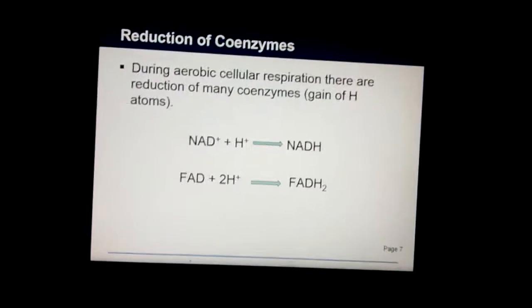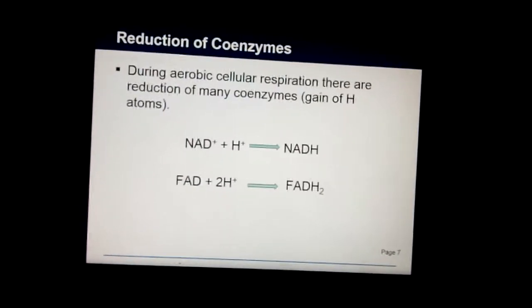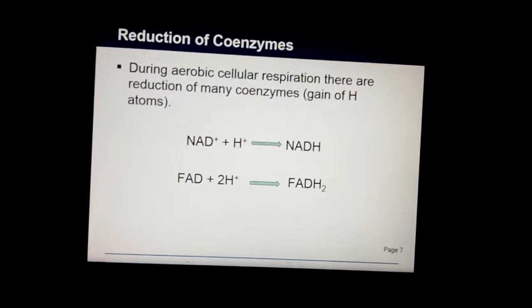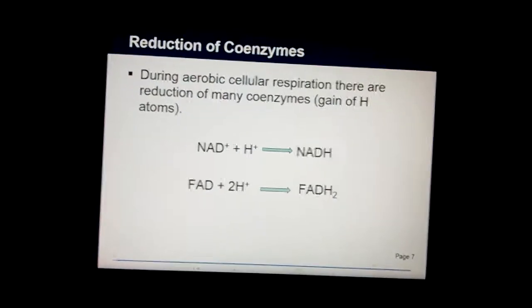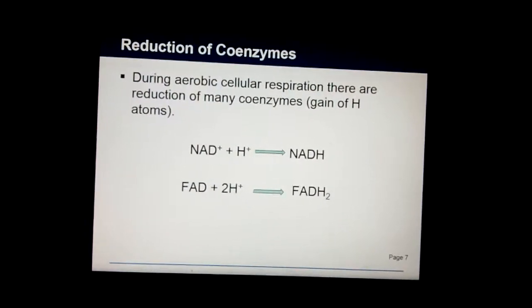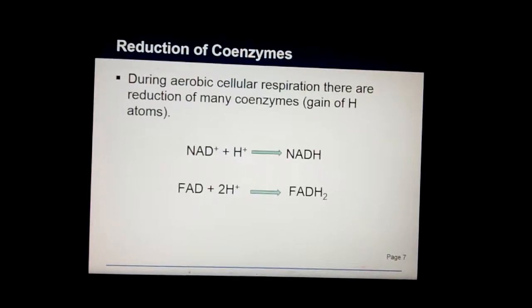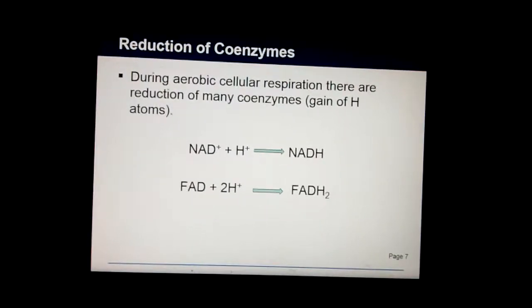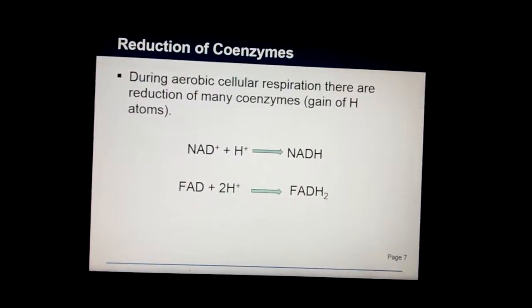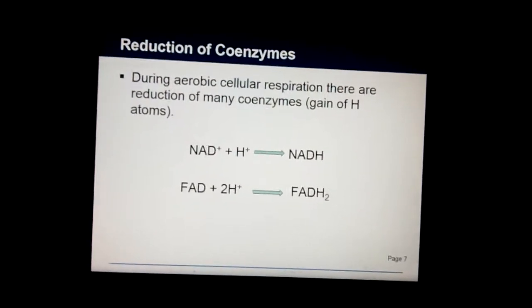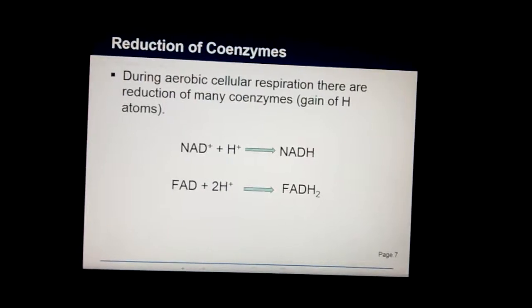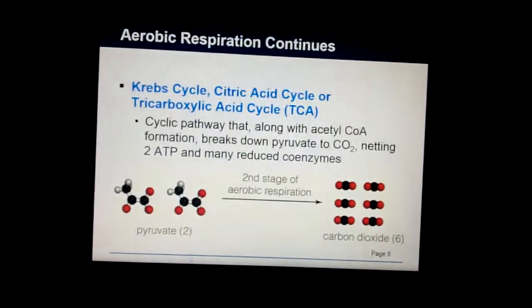The same principle applies to another coenzyme, which is also synthesized during aerobic cellular respiration. That other coenzyme is the second one. It's called FADH2, and the FADH2 is produced from a precursor molecule known as FAD, and also hydrogen ions must be present in order to drive the synthesis of these 2 coenzymes.